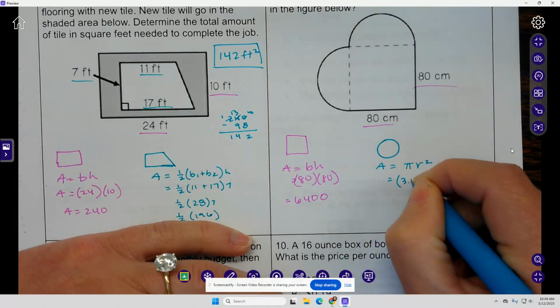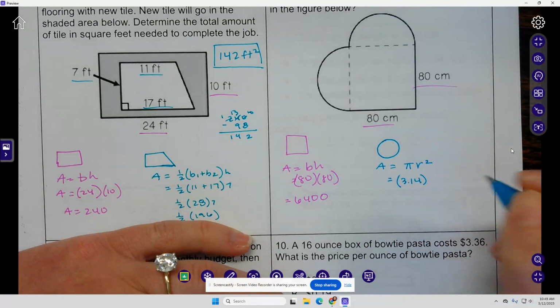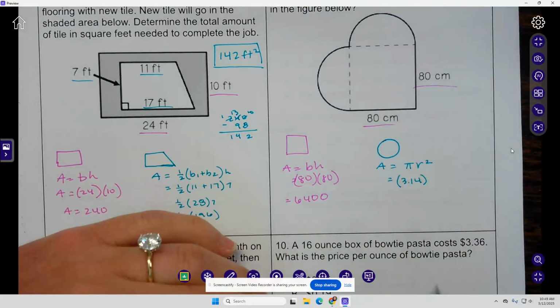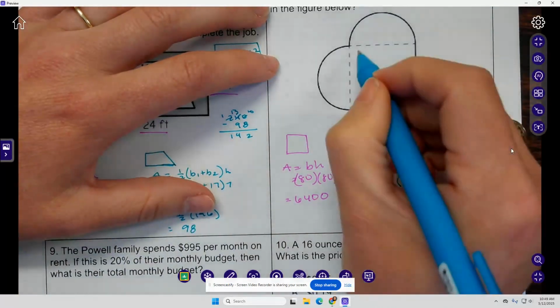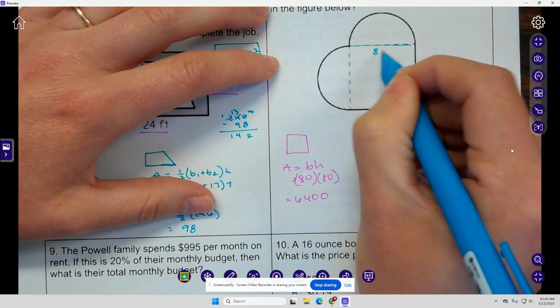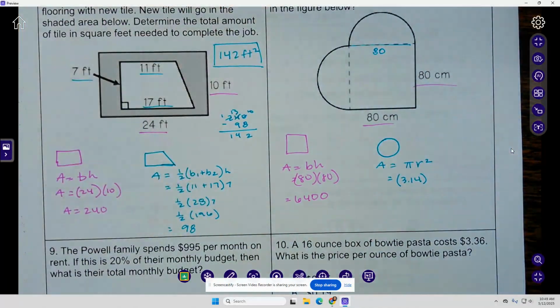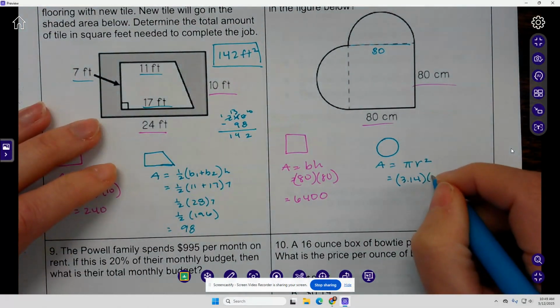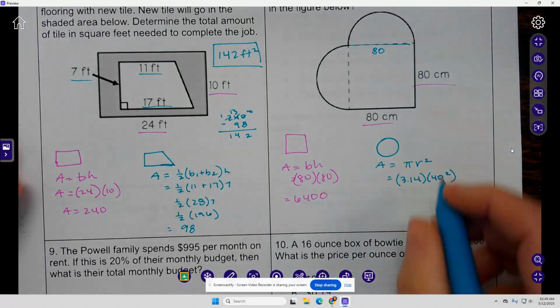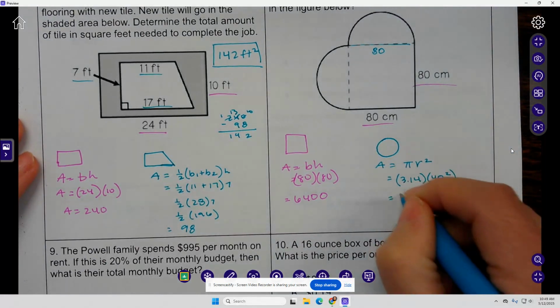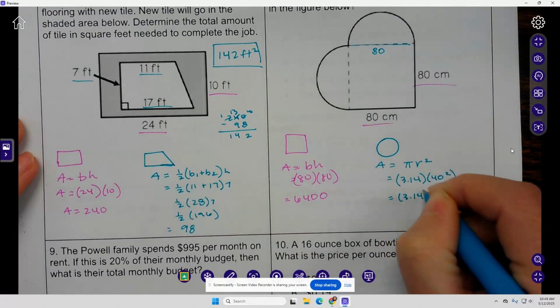We're going to use 3.14 for pi. Now, to figure out the radius, if this is 80 and this is 80, then this also has to be 80. But we want to find the radius, so we have to cut it in half. So 80 divided by 2 is 40. So 40 squared. 40 times 40 is 1,600.